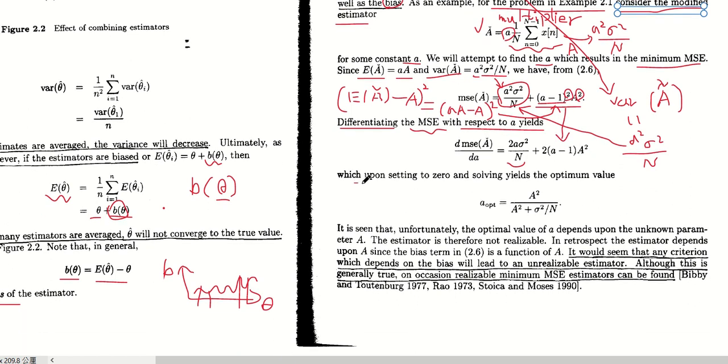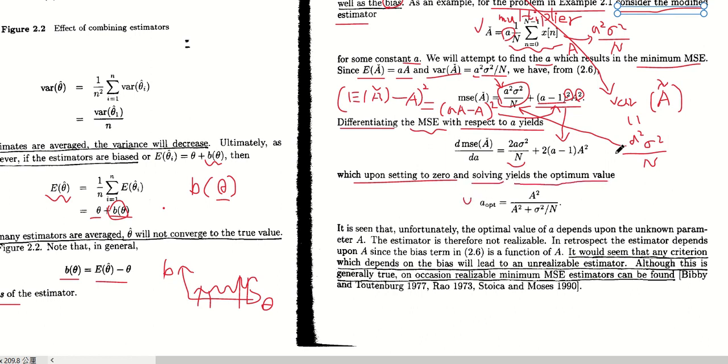And then upon setting to 0, 就是把一个函数的一阶函数把它做一阶微分，然后再设成0。这个是我们常常找最大值最小值的一个微积分的方法。如果不清楚的话，可以稍微再 review 一下微积分的部分。Okay, so we solve it, then it yields the optimal value.